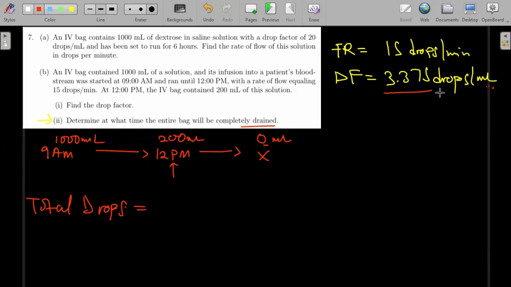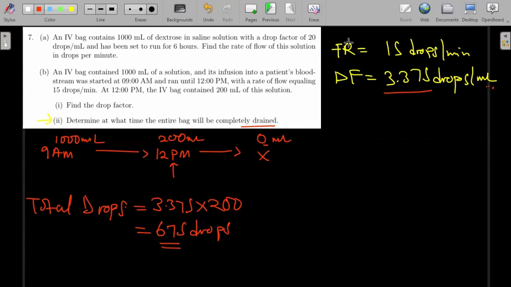If I have 3.375 drops in a milliliter, how many drops will I have in 200 milliliters? I multiply the drop factor by the volume remaining. If you punch this, I'm getting 675 drops. So for these 200 milliliters to finish, there have to be 675 drops.